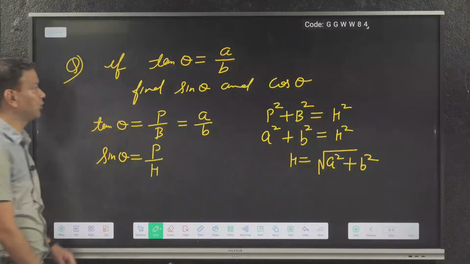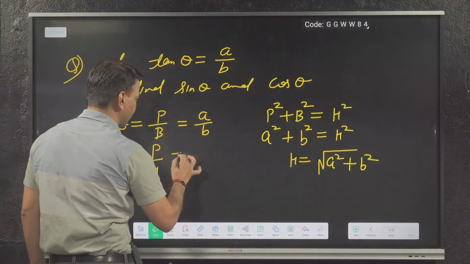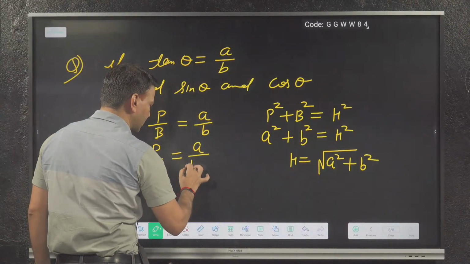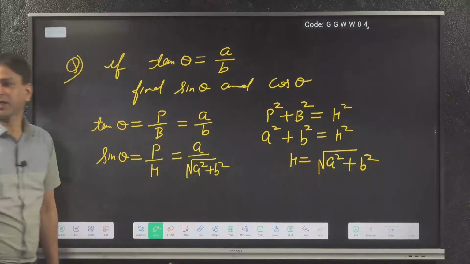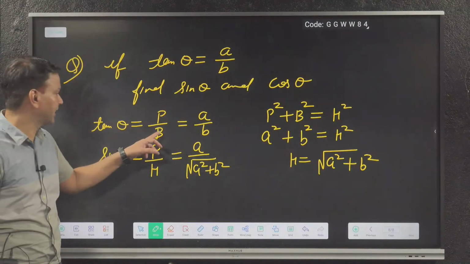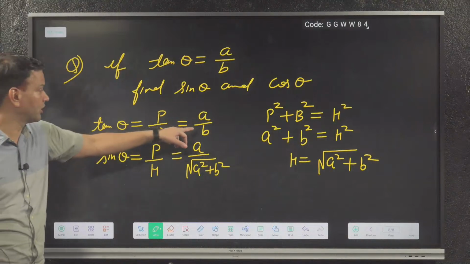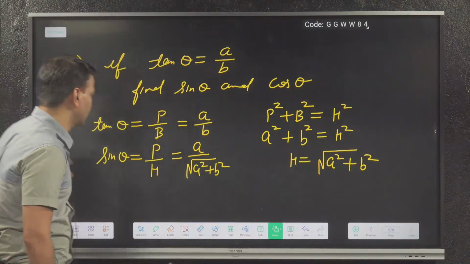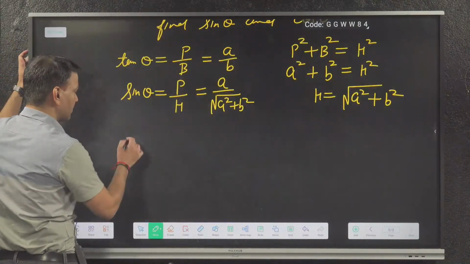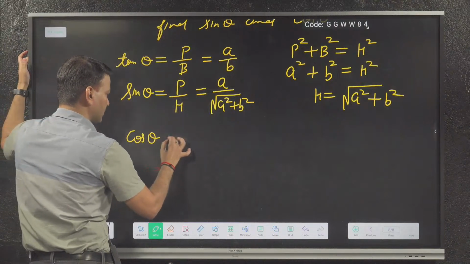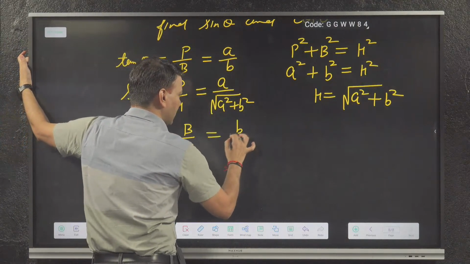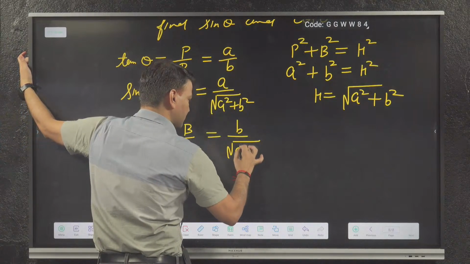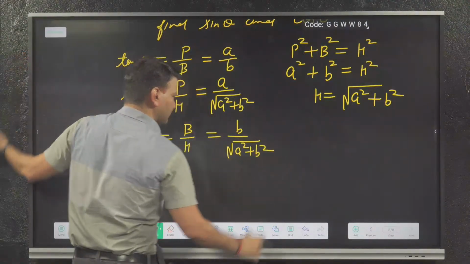Perpendicular is a, and hypotenuse is under root of a square plus b square. If I'm asking cos theta, cos theta is base upon hypotenuse. The base here is b. So cos theta is b upon under root of a square plus b square.